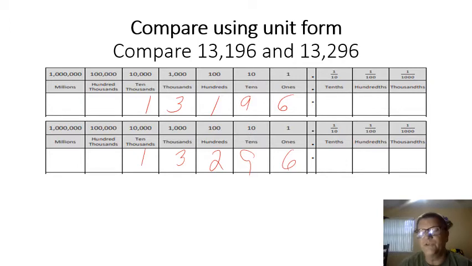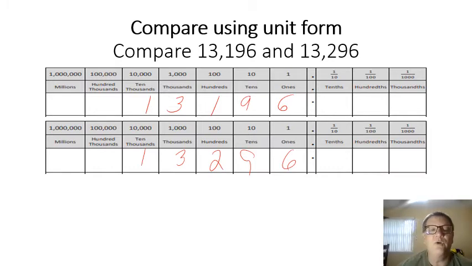Now I know most of you can look at this and say, okay, they both have 1 ten-thousand, they both have 3 thousands, but when we get to the hundreds, the bottom one has 200s where the top one has 100s. So obviously the bottom one is larger. But we're using this as an example.